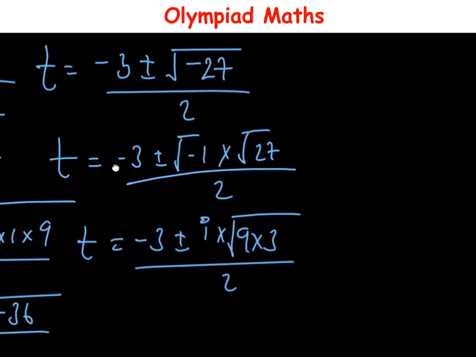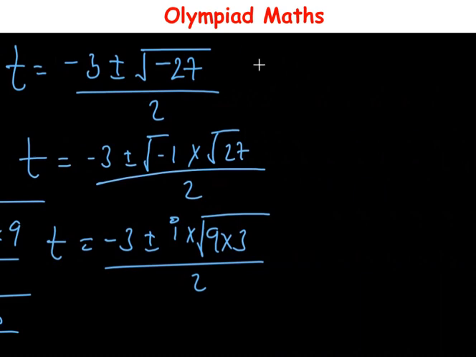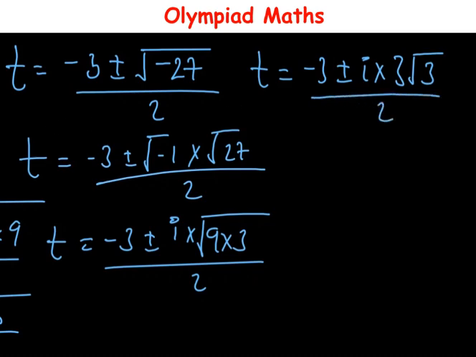So with this, the value of t is equal to minus 3 plus or minus i times root 9 is 3, then times root 3, all over 2. Let us then factorize out 3 over 2 from here. So t is equal to 3 over 2 into bracket, minus 1 plus or minus i times root 3.